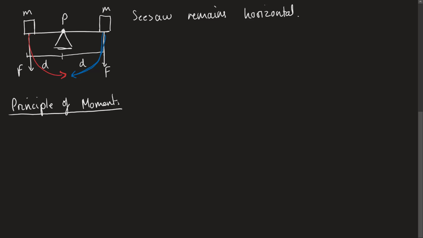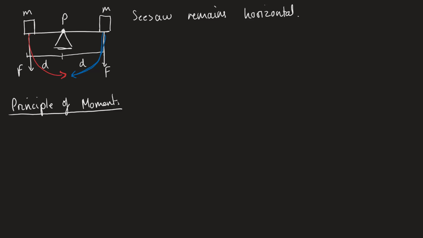Sometimes we don't want things to turn. Sometimes they'll have pivot points, but we want them to stay the same. For example, if you had a shelf and you put a single support beam under the shelf, that would act as a pivot point. And then what you add to either side of the shelf determines whether the shelf is going to remain horizontal or start to tilt to one side or the other.